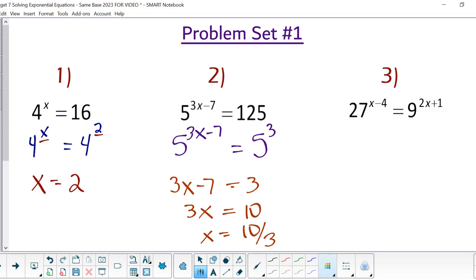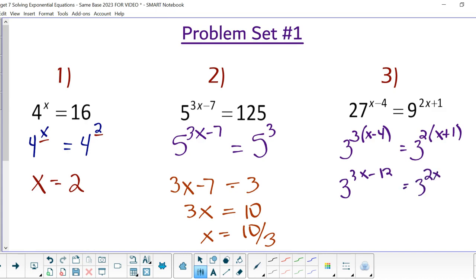All right, third one, this is why we actually did the review that we just did on the concept check. So 27 is 3 to the third, and 9 is 3 squared. So both of them need to get rewritten with a base of 3. And then because they already had a power there, you're going to need to distribute the power. So it's 3 to the 3x minus 12 equals 3 to the 2x plus 2.